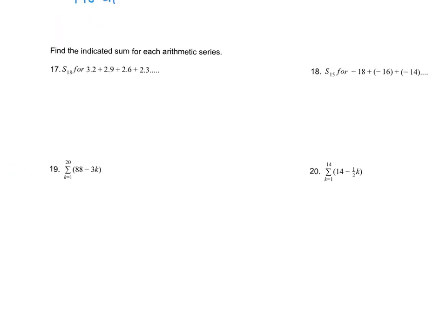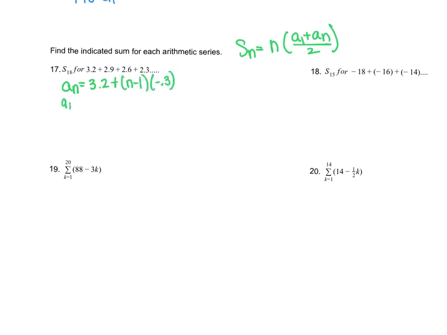Find the indicated sum. So my formula is the sum equals n times the first term plus the last term over 2. We have 18 for the number of terms, so let's find my last term. So let's write my explicit formula: plus n minus 1 times negative 0.3.